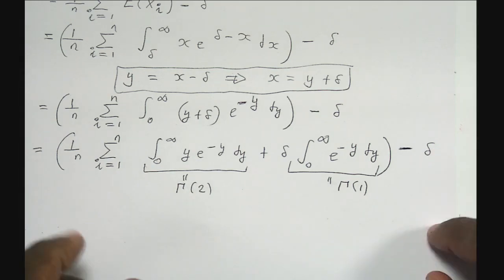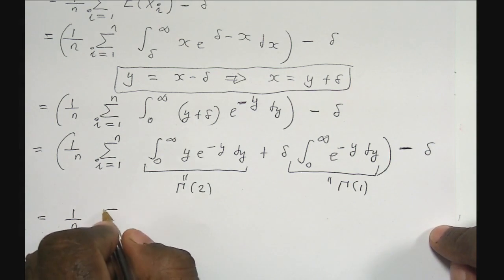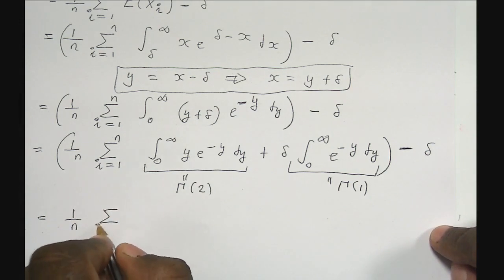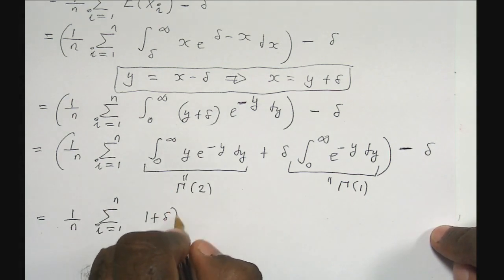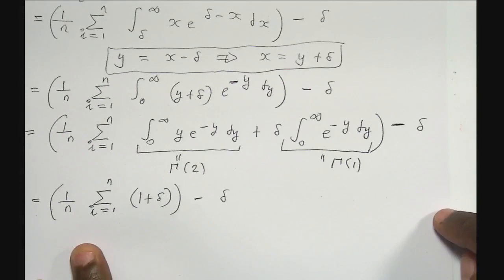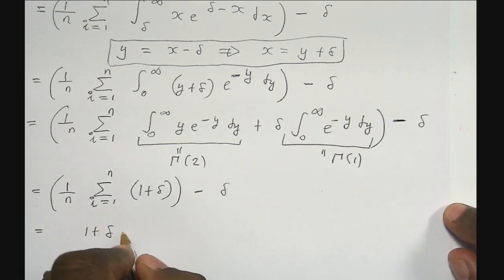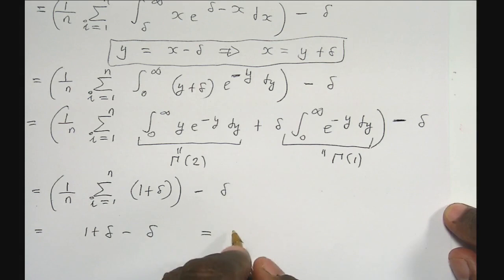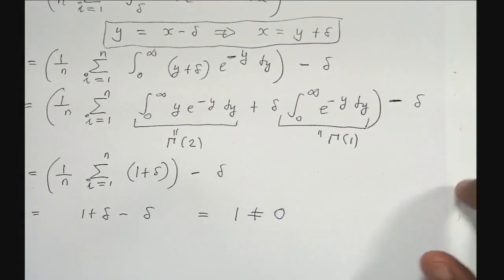So what you have is 1 over n, what you have is 1 plus delta minus delta, which is equal to 1, which is not equal to 0. So the estimator is indeed a biased estimator for delta.